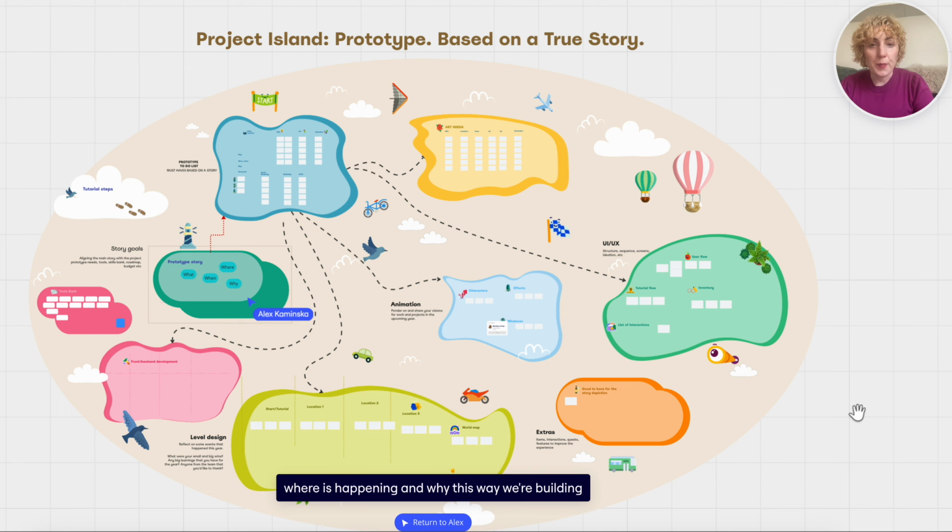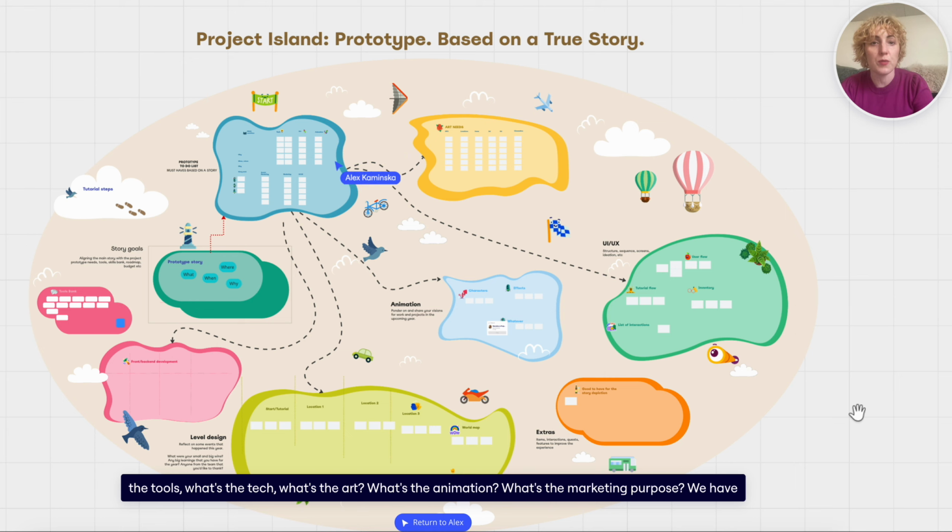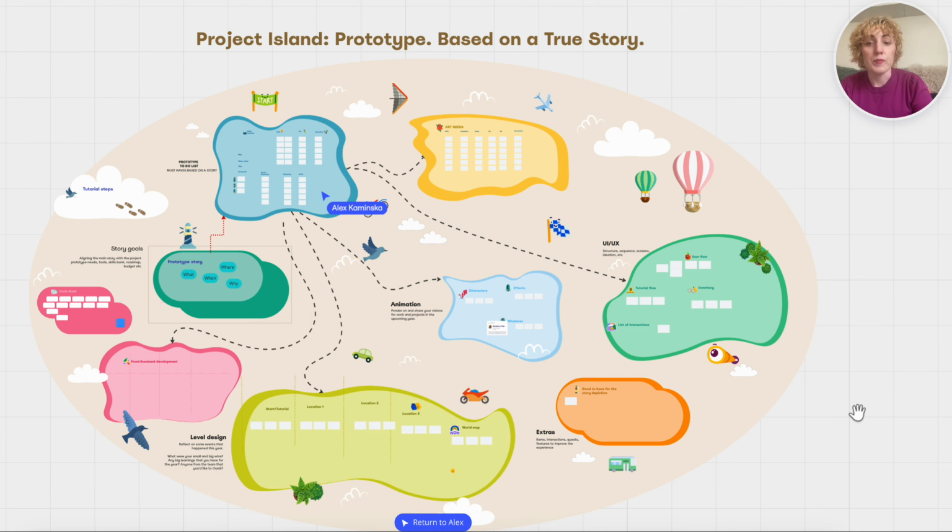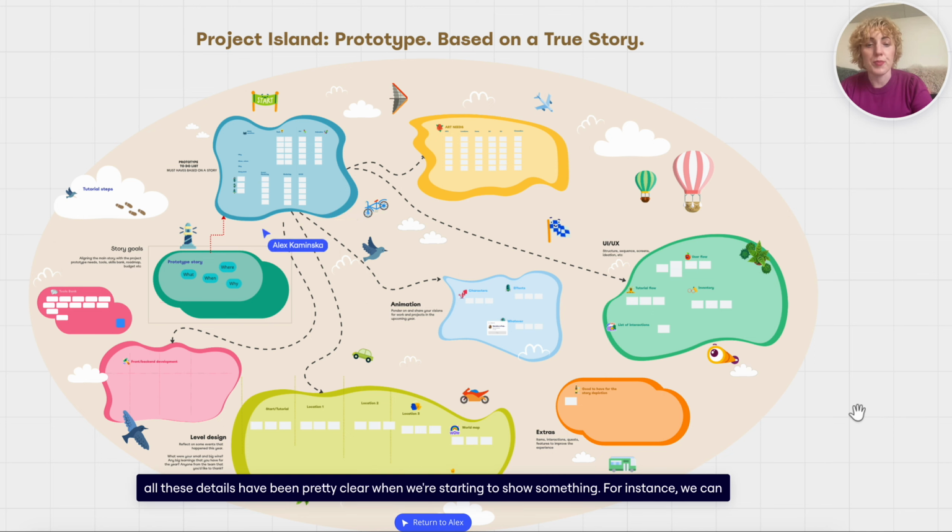This way, we are building our first planning structure, because as soon as we know how we want to introduce the game, this is the way we know what the tools are, what the tech is, what the art, the animation, and the marketing purpose are. All these details become pretty clear when we start to show something.